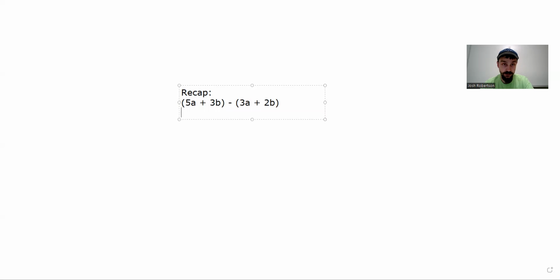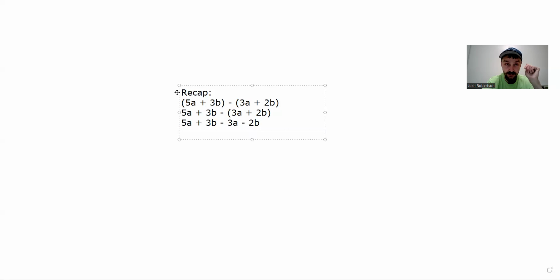you could remove the parentheses from the first term easy, right? But then this negative sign gets in the way of this, right? So you have to distribute this negative sign in, so you have 5A plus 3B minus 3A minus 2B, right?